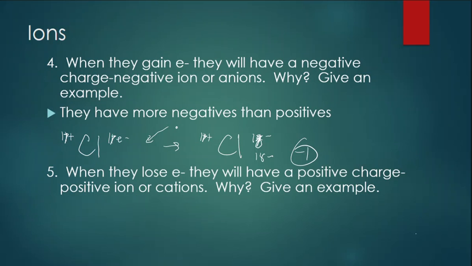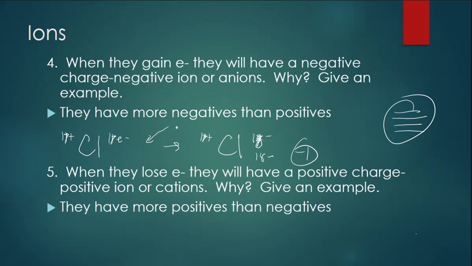Those are called onions. No, they're called anions. But if you think of onions, you know how onions have little lines on it, then maybe that'll remind you of what to call it. When they lose electrons, they will have a positive charge. They will be called a positive ion, or they'll be called a cation. Cat ion with little pluses for eyes. Why are they positive?